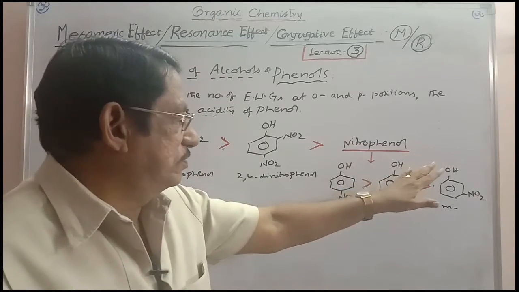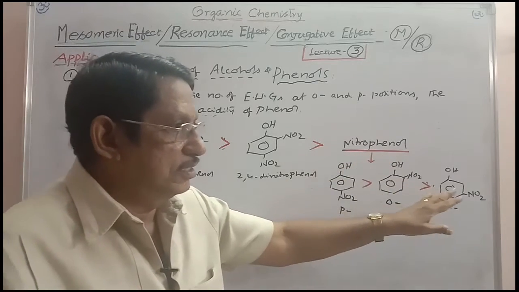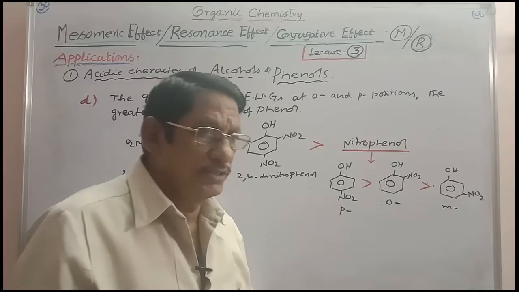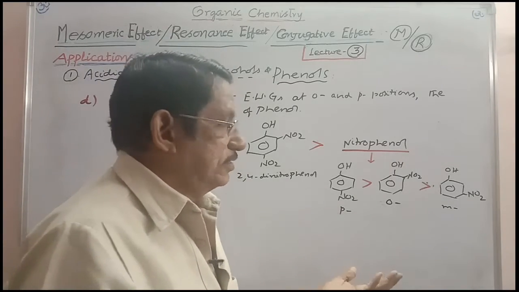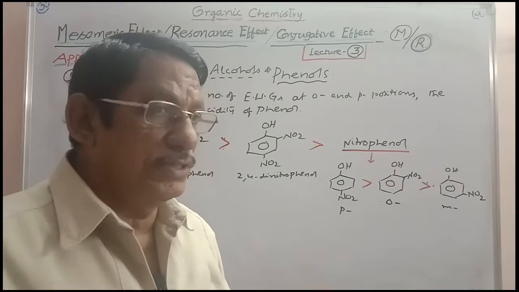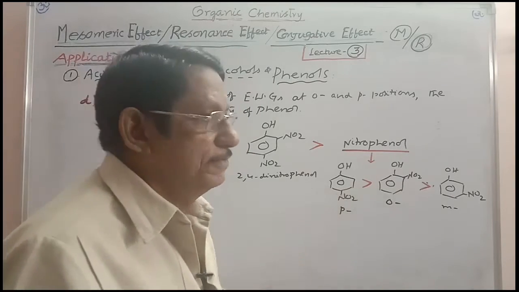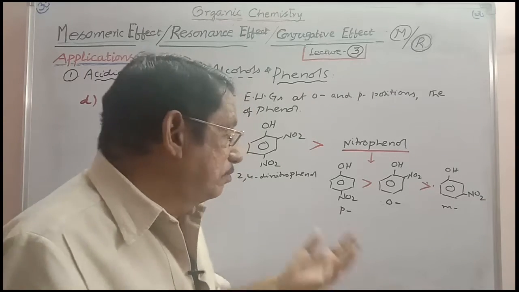In the case of nitrophenol, we will be having orthonitrophenol, metanitrophenol and paranitrophenol. Already we discussed in the previous class how the effect is going on, and we also introduced intramolecular hydrogen bonding in the case of orthonitrophenol, which made it somewhat less acidic than paranitrophenol.